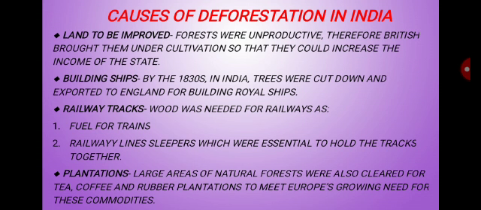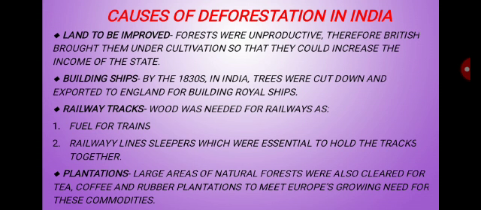Next, building ships. I already told you that new industries were being established. The shipbuilding industry was also one of them. For making ships, good quality timber was required, and that type of good quality timber was available in abundance in our forests. So to meet the requirements of British industries, trees in our forests were cut on a large scale.